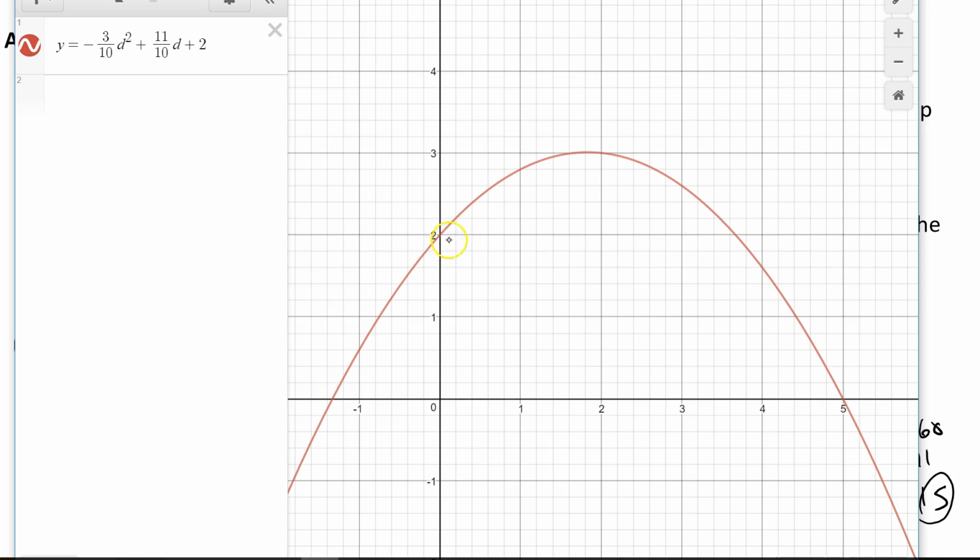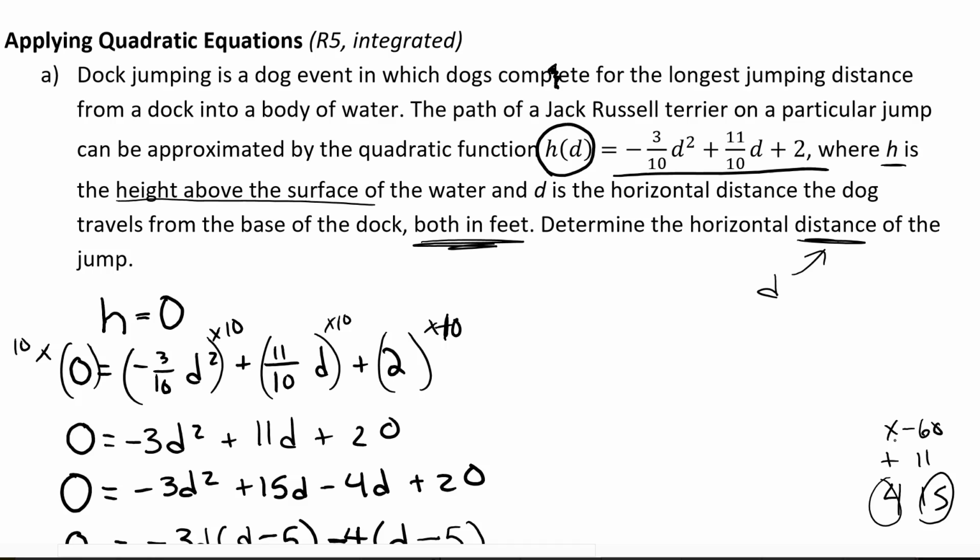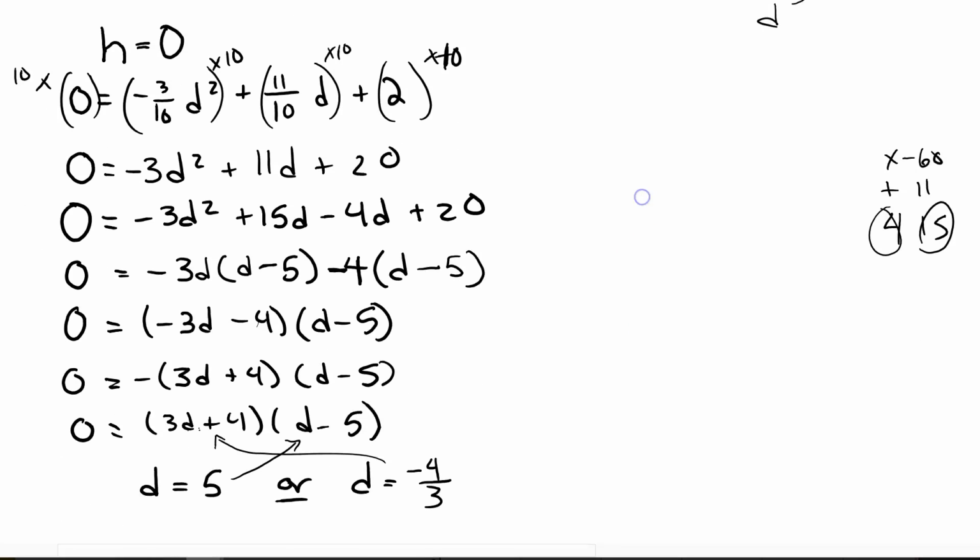We start at the origin, which is at 0. It doesn't explicitly state that, but you can assume that somebody's starting point would not be negative. Somebody's starting point would be where distance equals 0. And then you move in a forward direction. So when we take the actual physical constraints into consideration, d equaling negative 4 over 3 does not make any sense. Just like negative time doesn't make any sense.